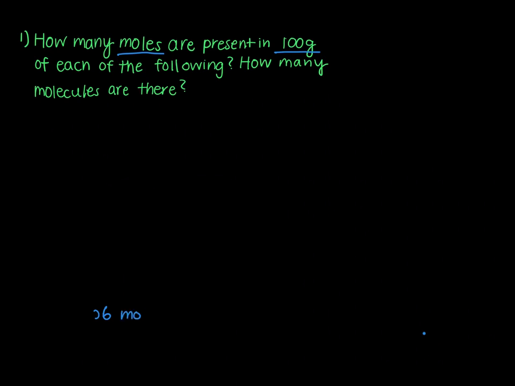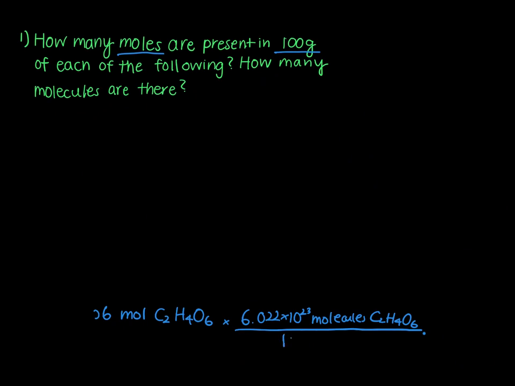Moles of C2H4O6 times 6.022 times 10 to the 23rd molecules of C2H4O6 divided by, we want to cancel out moles, so we're going to have moles on the bottom, 1 mole of C2H4O6.